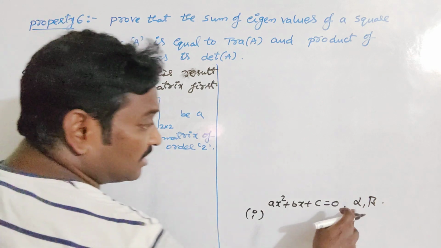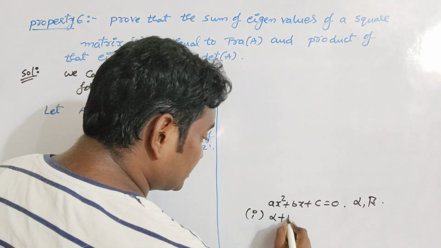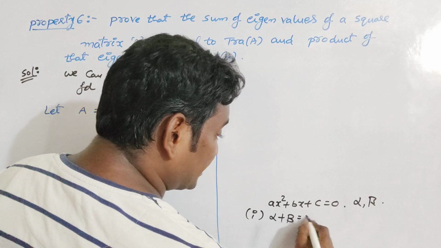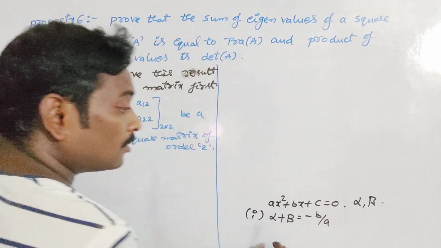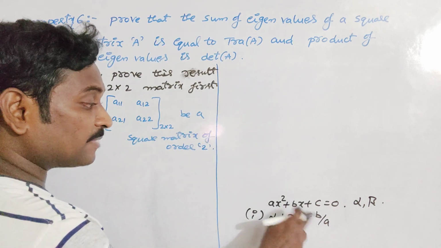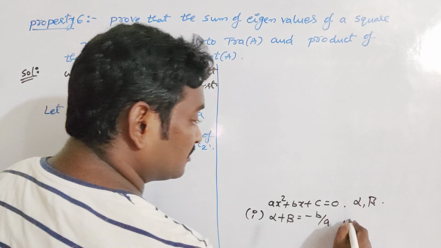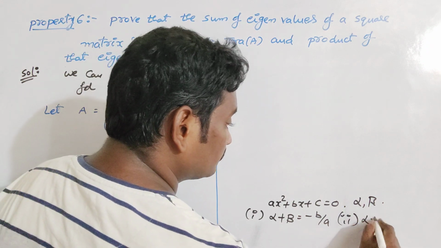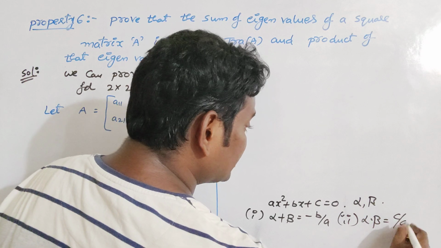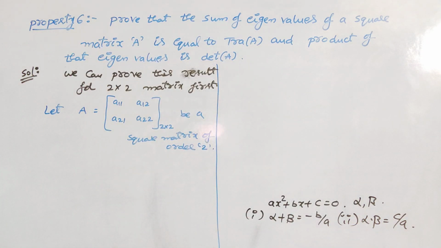What are the properties of alpha and beta? The sum of the roots is minus b by a, that is, minus coefficient of x by coefficient of x square. And the product of the roots is the constant by the coefficient of the highest degree term. Don't forget these two rules. We will use these rules in this proof.